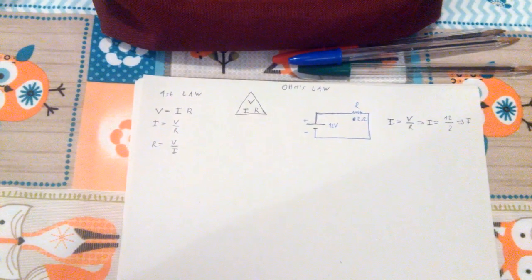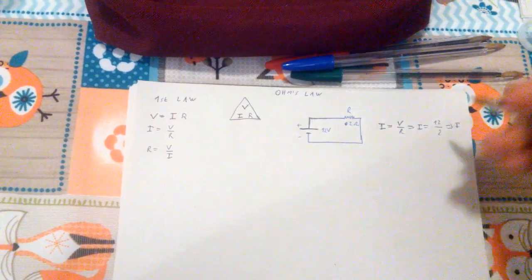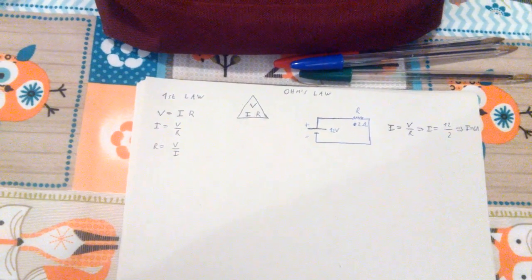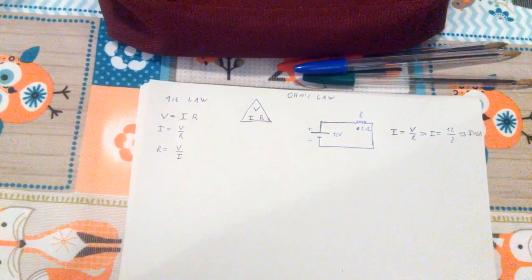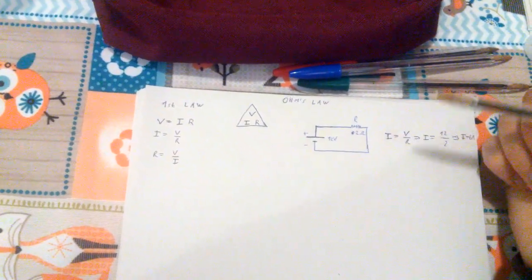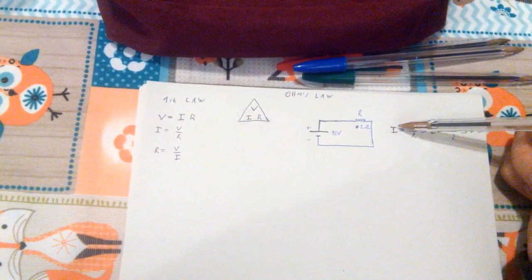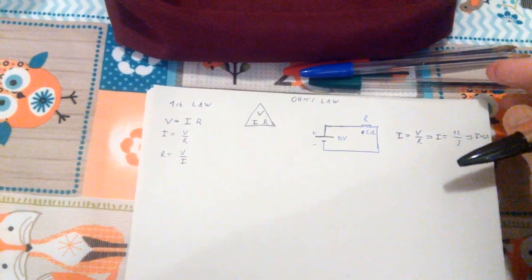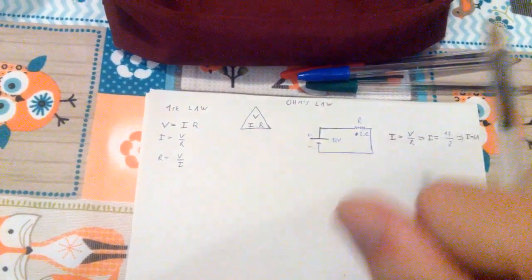It's 6. So you can say that I is equal to 6 amps. Nothing fancy here. If they give you the current, you can find the voltage and so on and so forth. So this is Ohm's first law.